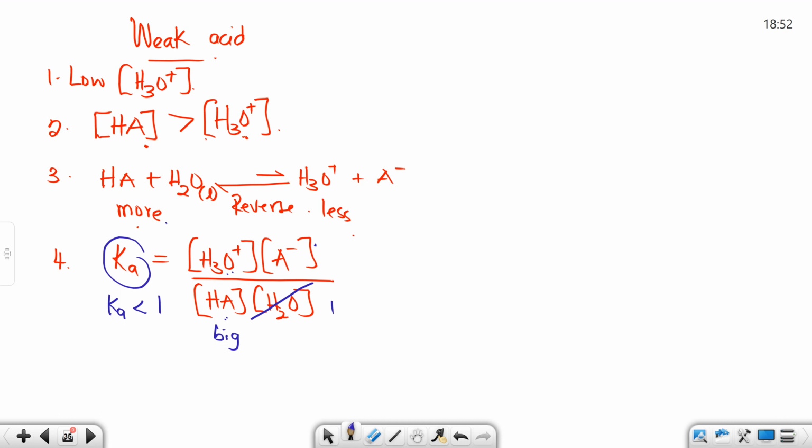What is 3 over 4? Once the denominator is bigger than the numerator, your answer is less than 1. Therefore, for a weak acid, Ka is less than 1. If I were an examiner, I would put this in multiple choice.